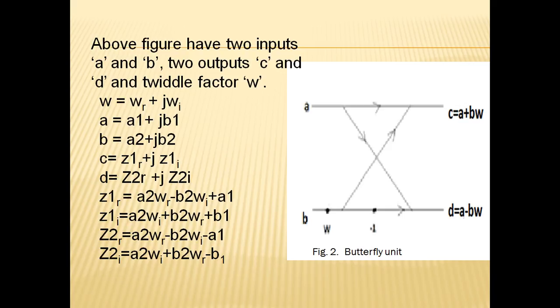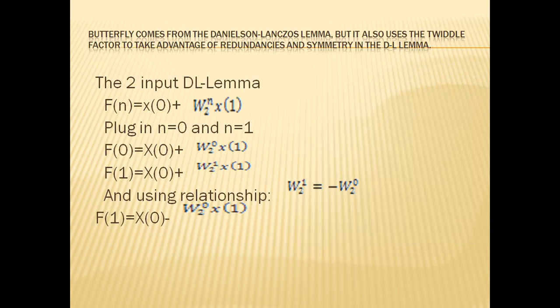So these are the basic equations of the butterfly unit and the outputs we are getting. We have to understand these to understand how I will design the FFT structure. These are the equations that we have to calculate, and I have taken the real and imaginary parts every time and calculated them. Basically, the butterfly unit is based on the so-called tensor linkage lemma, and this is the basic nature of it, that the twiddle factor is symmetric in nature.